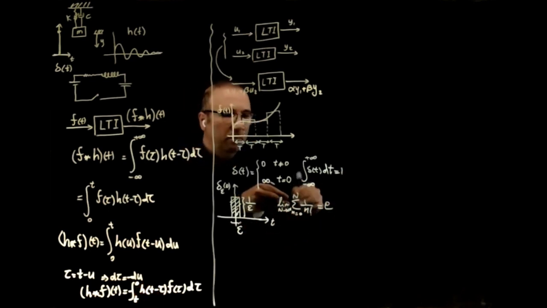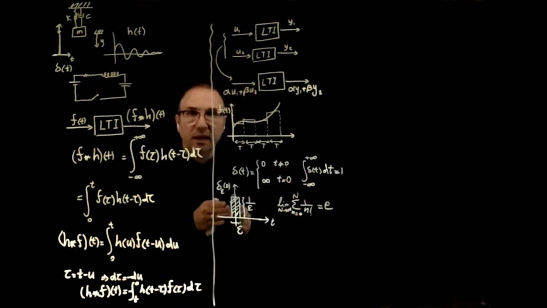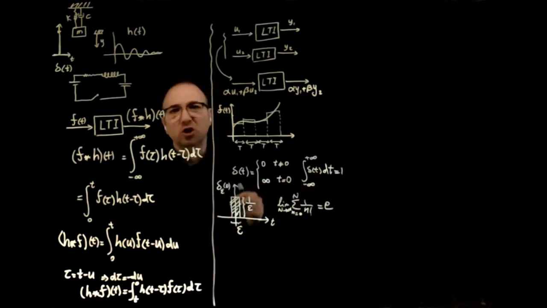But each one of them is a rational number, while the limit of those rational numbers becomes an irrational number. So again, the limit of these functions is not a function. It is a generalized function or distribution.